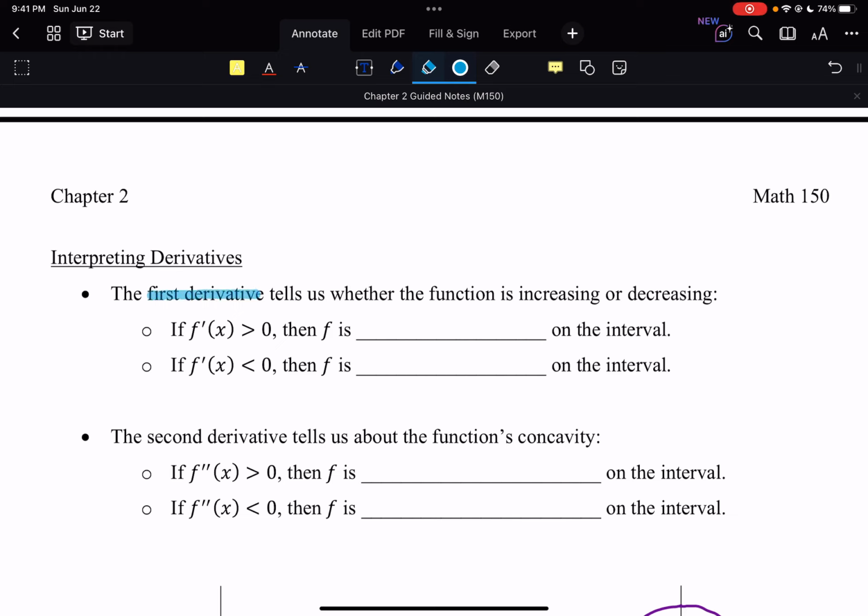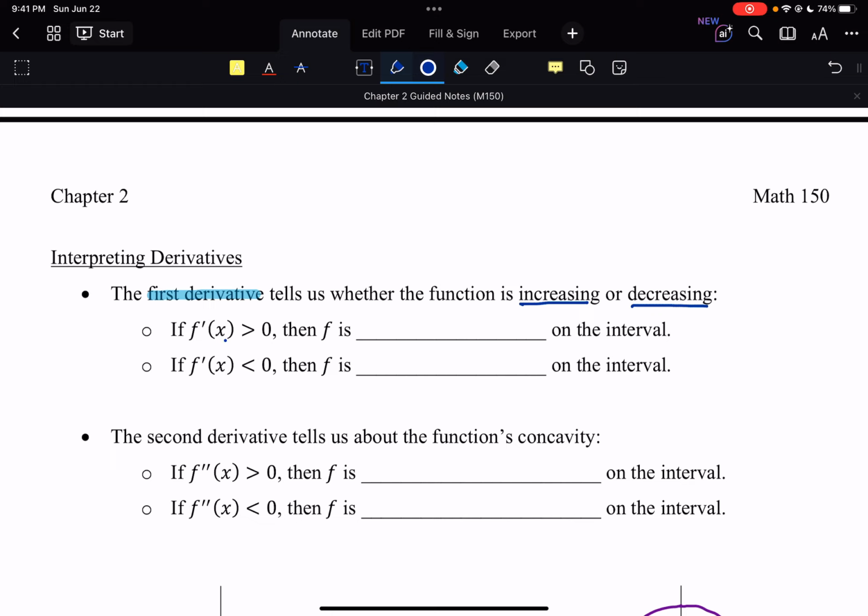Slope tells us whether the graph is going up like this or going down like this. The more technical term we would use is that it tells us whether the function is increasing or decreasing. As we move from left to right, is the function going up or going down? Increasing, decreasing.